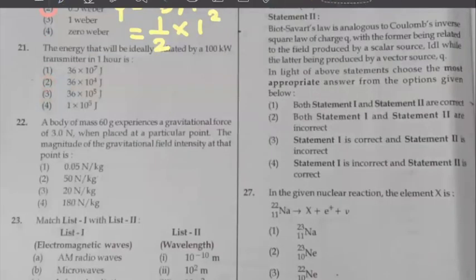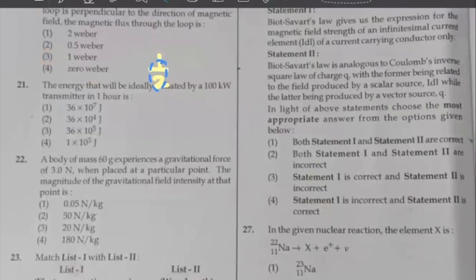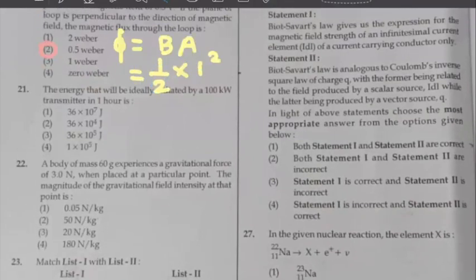Okay, then shift this. Fine. The next one, energy that will be ideally radiated by a 100 kilowatt transmitter in 1 hour. Very simple.